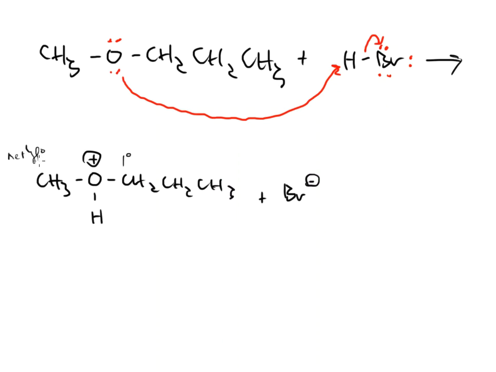A methyl cation and a primary cation are going to be compared. Out of the two, the primary cation and the methyl cation are pretty much equal as far as being unstable. Neither one of those want to form. Neither one of them.